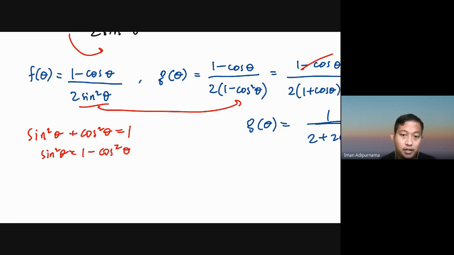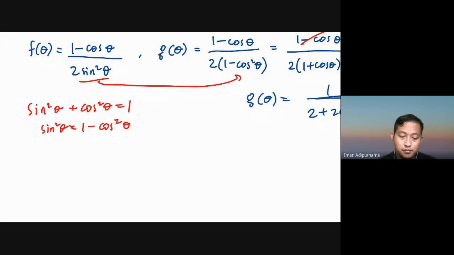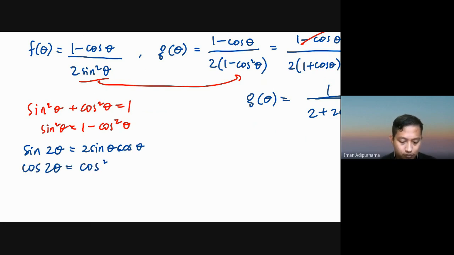Okay, another identity that we usually use in calculus is the double angle. I hope you still remember this. And for cosine also.